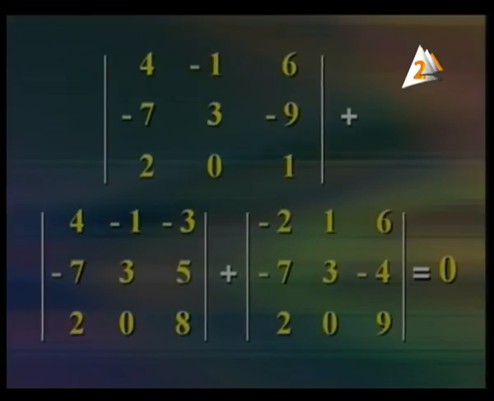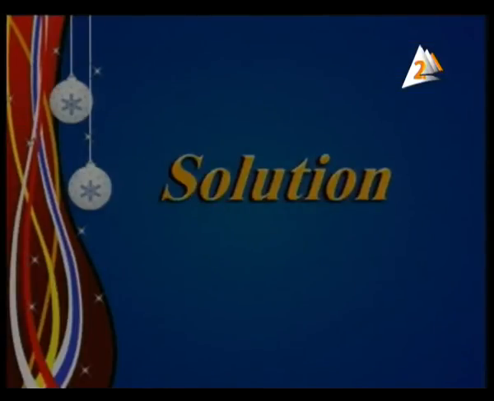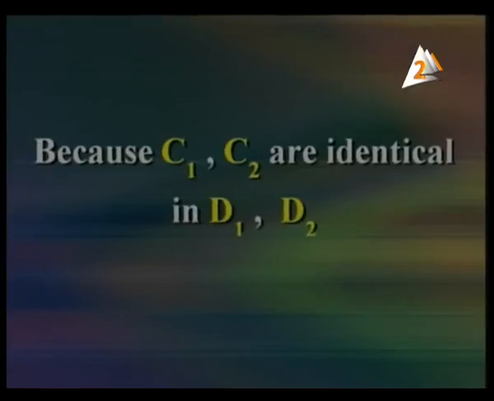Negative 1, 3, 0, C2 in the first determinant, is the same as negative 1, 3, 0 in the second determinant. Look at the solution. By using C1, C2 are identical in D1, D2, therefore D1 plus D2 equals D.